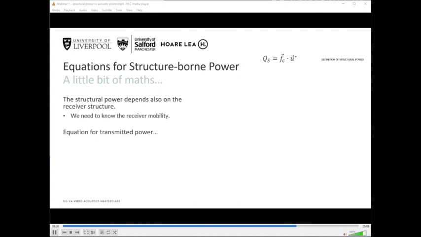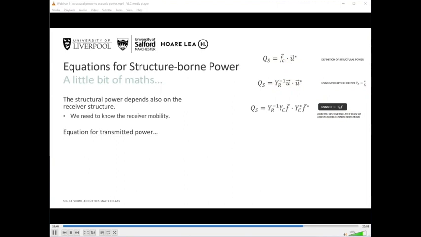Now, by recalling the definition of mobility, we can replace the force term by the inverse mobility and the velocity. Next, we replace both the velocity terms by this relation here. Now, we haven't covered this relation in this presentation. I believe Andy will cover it in some detail on Wednesday.